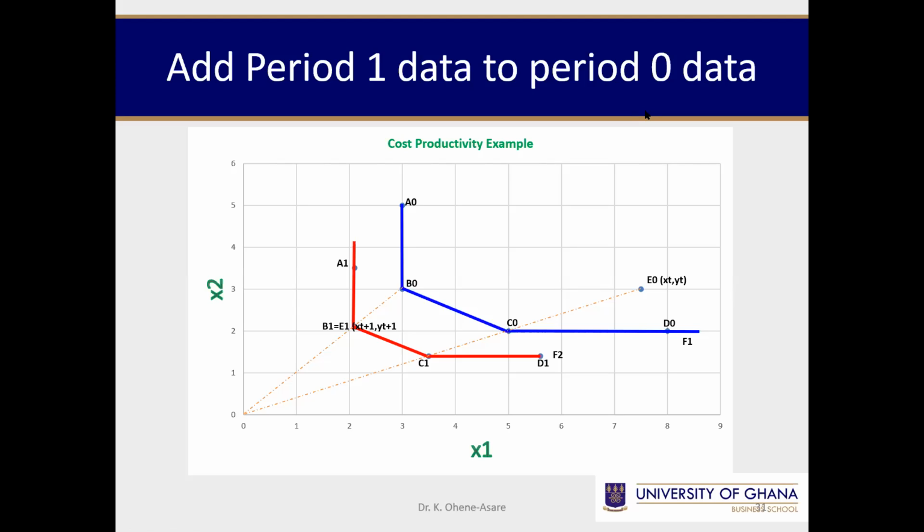Tell me all, how will you calculate the distance function for E0? So it will be EO over CO.